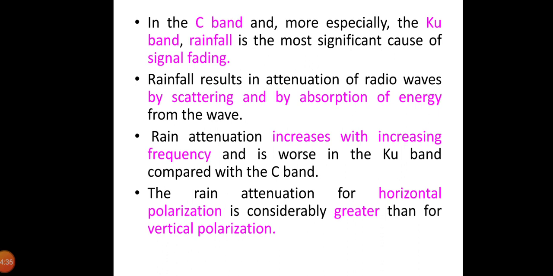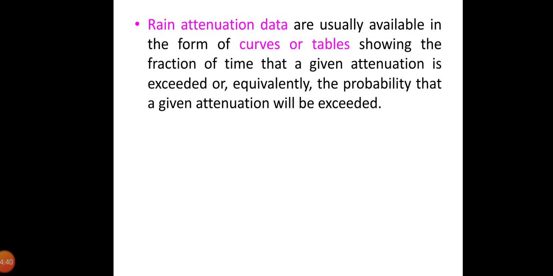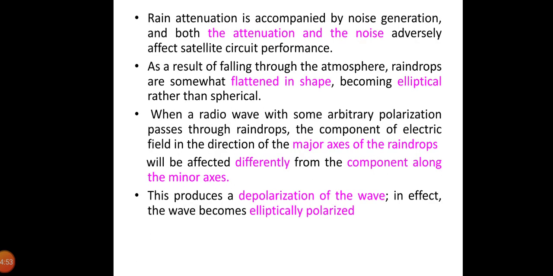The rain attenuation for horizontal polarization is considerably greater than for vertical polarization. Rain attenuation data are usually available in the form of curves or tables showing the fraction of time that a given attenuation is exceeded, or equivalently, the probability that a given attenuation will be exceeded.